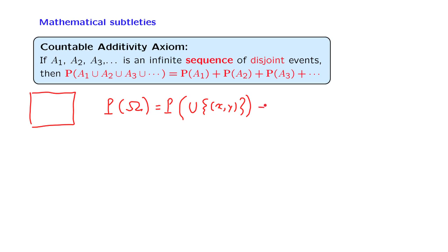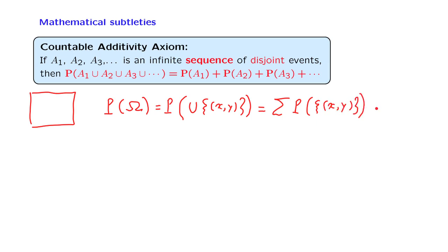Then we think about additivity. We observe that these subsets are disjoint. If we're considering different points, then we get disjoint single element sets. And then an additivity property would tell us that the probability of this union is the sum of the probabilities of the different single element subsets.